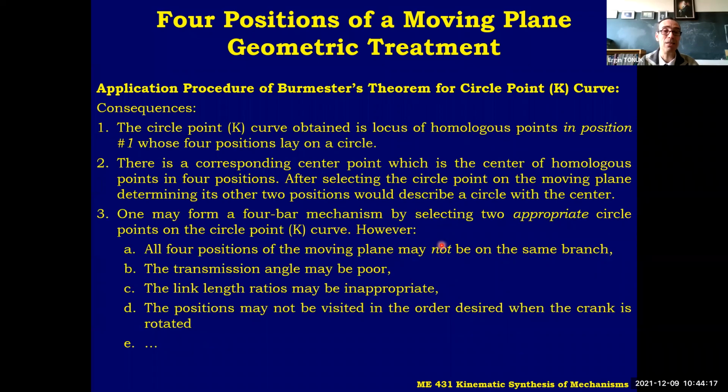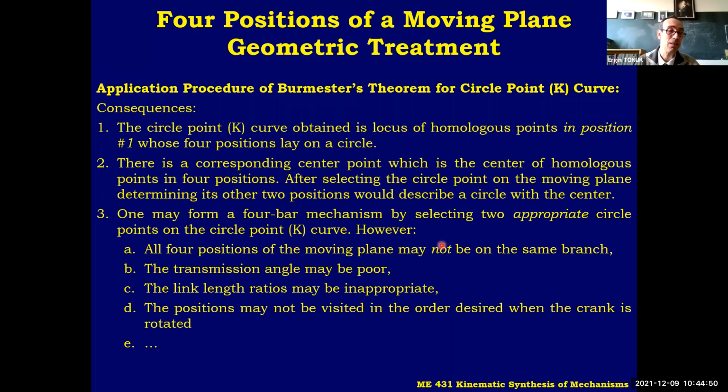However, it has no guarantee that all 4 positions are in the same branch. Remember, we were selecting a sign which determines the closure of the mechanism. So not all 4 positions may be on the same closure, okay? The sign may change. In that case, of course, the mechanism will not be able to move to all positions.